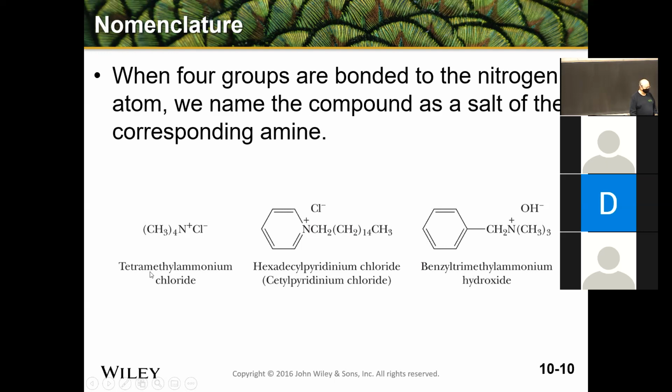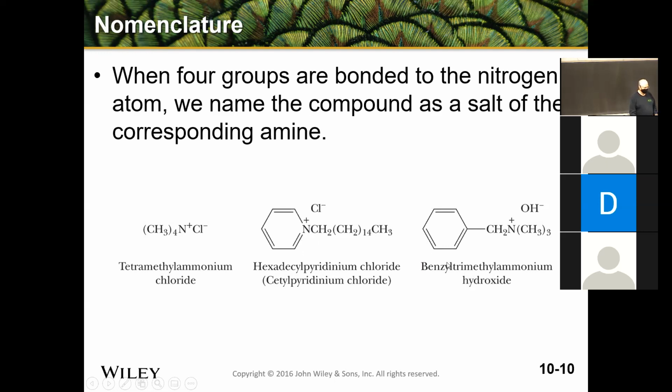Okay, so this is tetramethylammonium chloride. We've got 4 methyl groups. Hexadecylpyridinium chloride. Hexadecyl is 16. This is pyridine. Okay, nitrogen with 4 bonds has a plus charge.